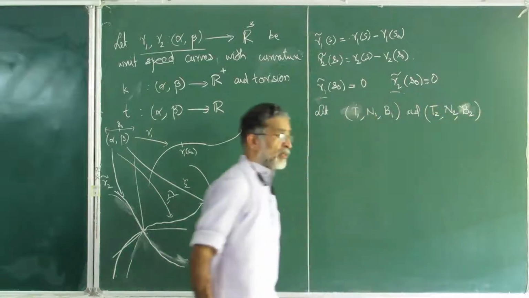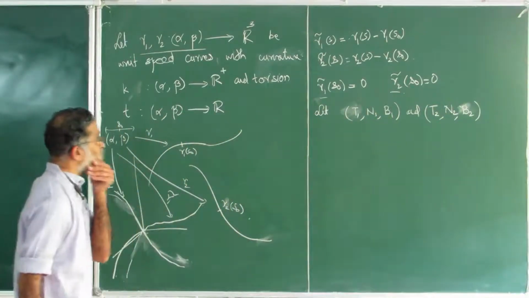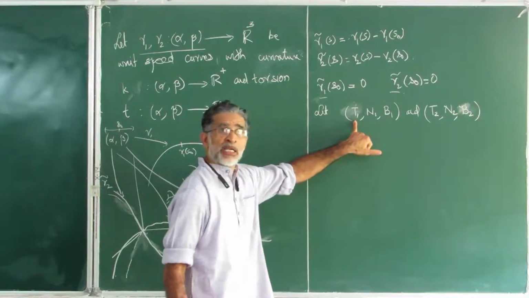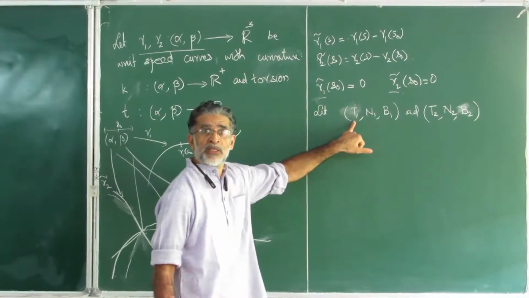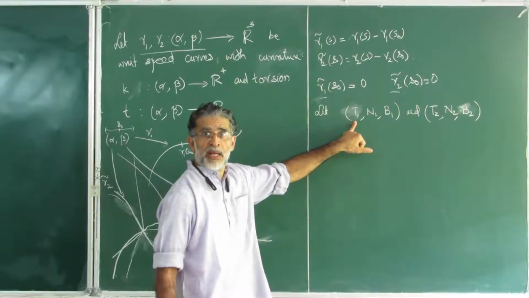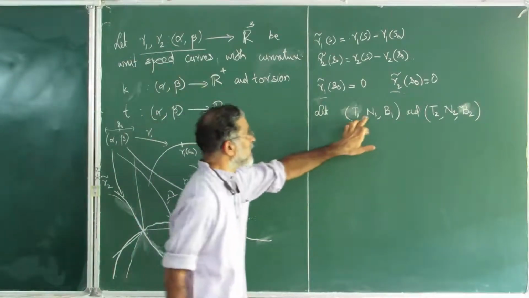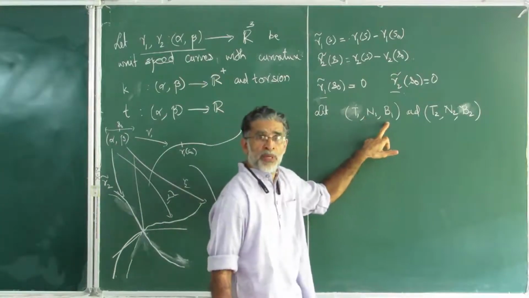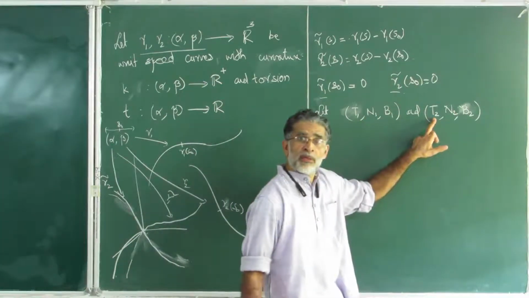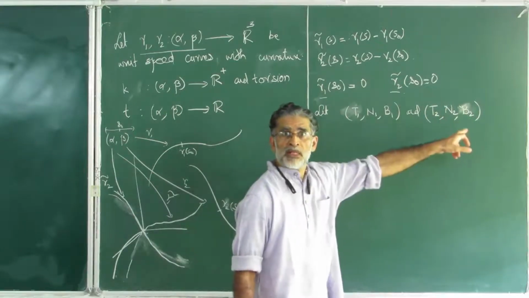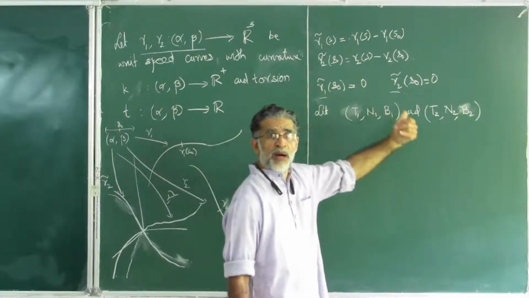I have a caution I want to tell you. When we were discussing existence, we wrote coordinate functions by T1, T2, T3. But here it is not that. For gamma 1, you have a tangent, normal, binormal triple. For gamma 2, you have a tangent, normal, binormal triple. So I am writing this corresponding to gamma 1 and gamma 2.